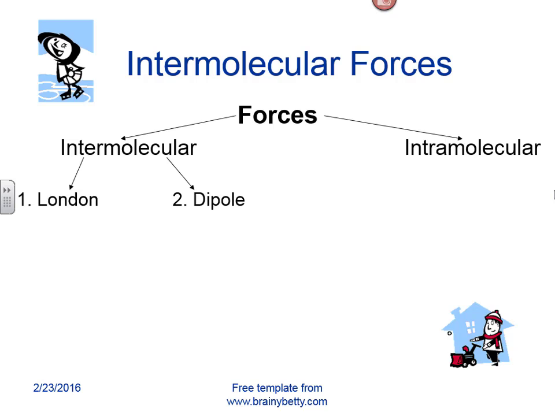A little bit stronger, more permanent than London forces. And then we talked about a special kind of dipole called hydrogen bonds. The strongest of the intermolecular forces. They work almost like a magnet.